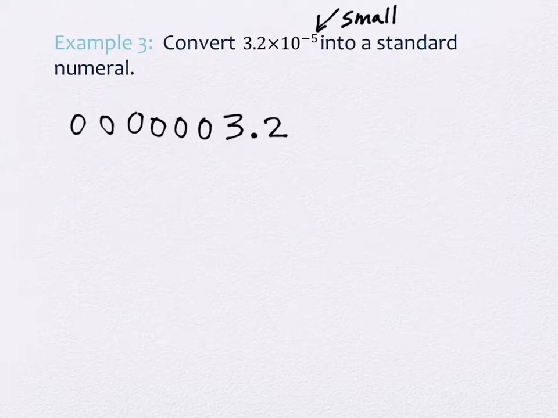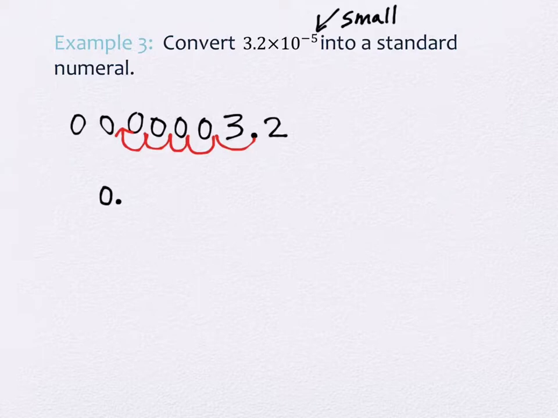And we're going to move the decimal the number of places that my exponent says. So the exponent says 5, right? So we're going to move the decimal point 5 places. So here's 1, 2, 3, 4, 5. I didn't actually end up adding too many extra zeros, did I? Okay, so the 0 at the beginning, just one of them is fine, or you could even leave it off.